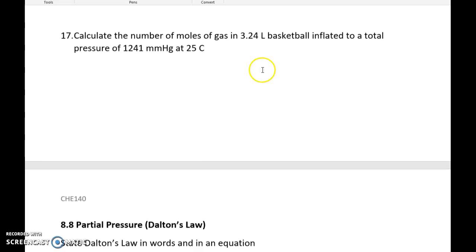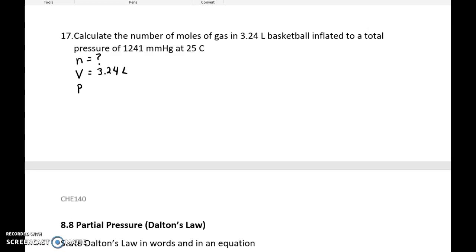Let's calculate the number of moles of gas in an inflated basketball. And so let's write down what they've told us. We're looking for N this time. And we know that the basketball has a volume of 3.24 liters. I know that because liters is a unit of volume.